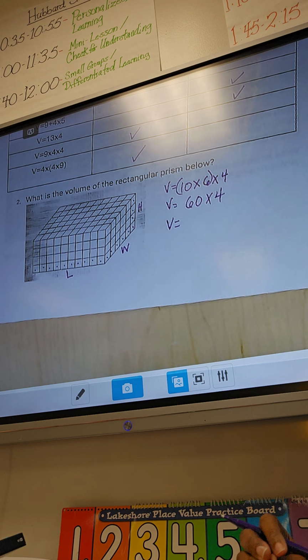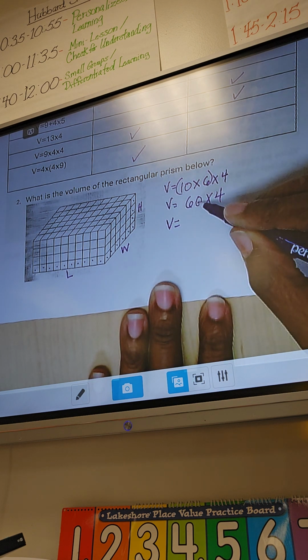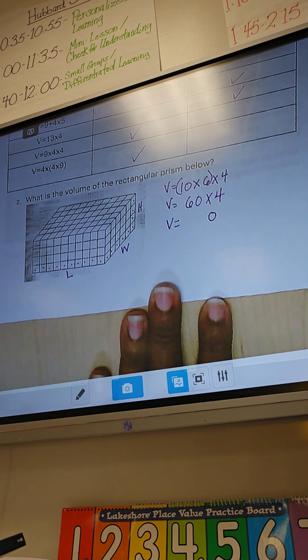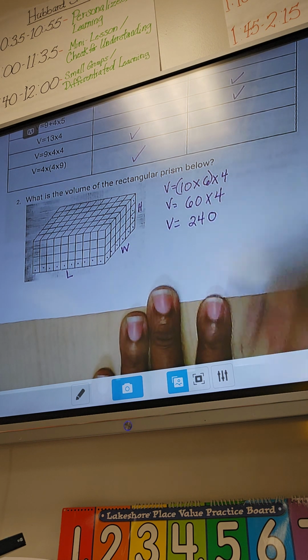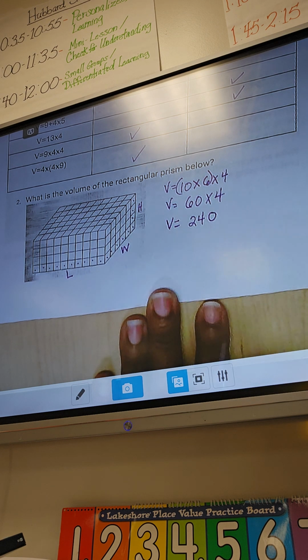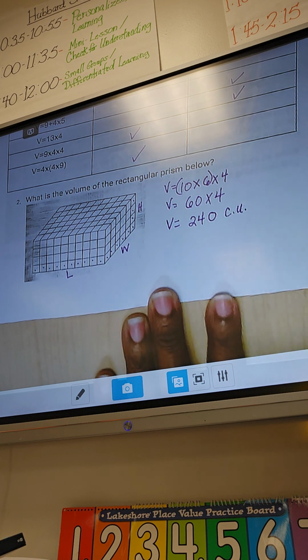So if you're multiplying by a number that ends in 0, look right here, 60 ends in 0, you bring down that 0. Okay, and then you say 6 times 4 is 24. That's your answer. There are no units here, so this would be cubic units.